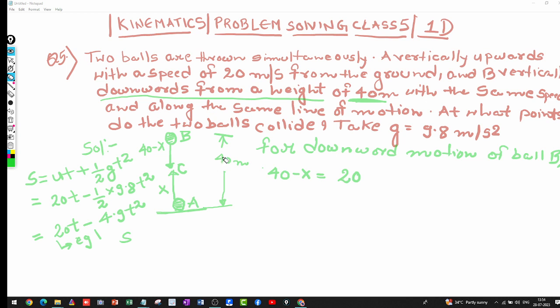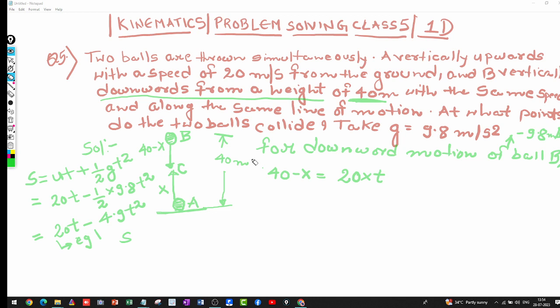So this is 20 into t minus, since here g is 9.8 meter per second square, we have taken minus 9.8 in case of against the gravity, when the ball is thrown from ground to the upper direction.